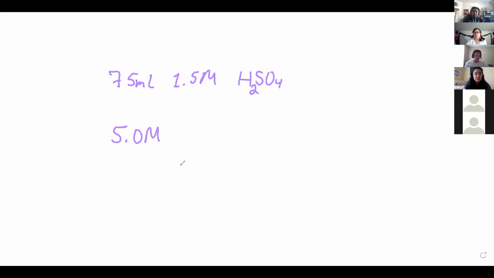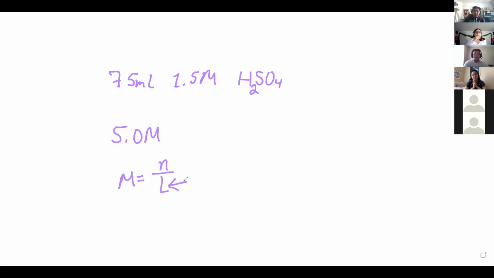So what do we know about molarity? What is this big M really? Moles per liter, right? So volume in liters, very important.